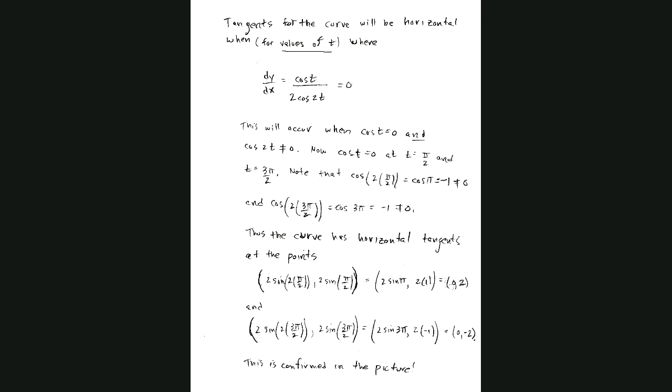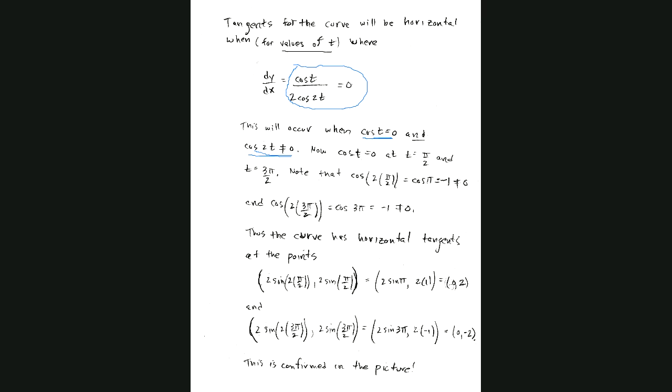So it is necessary that the derivative be equal to 0 to find the horizontal tangents. And that would have to occur when the numerator equals 0, but the denominator can't be allowed to be 0. So what we're doing is finding values of t when the cosine of t equals 0. That's really what we're finding. And then we're going to double check and make sure the cosine of t is not 0.